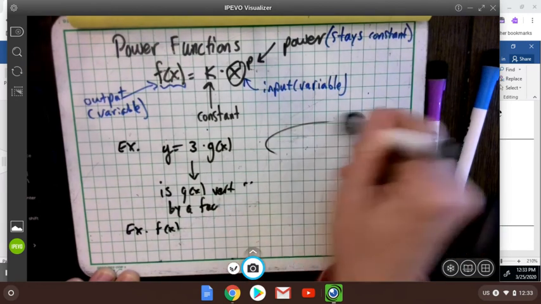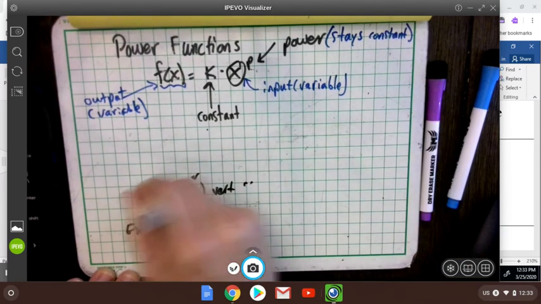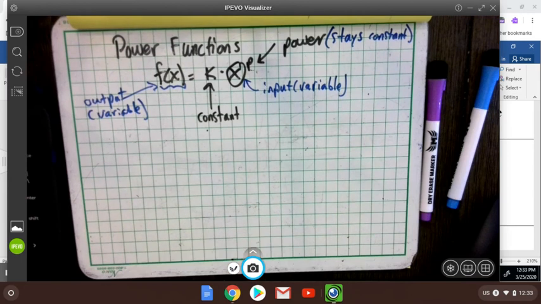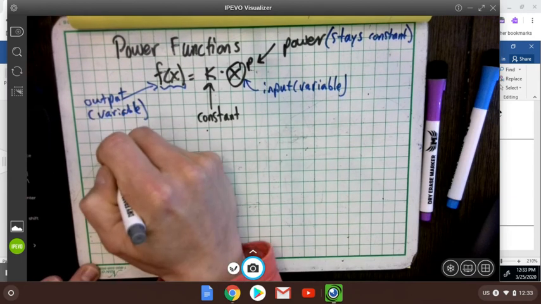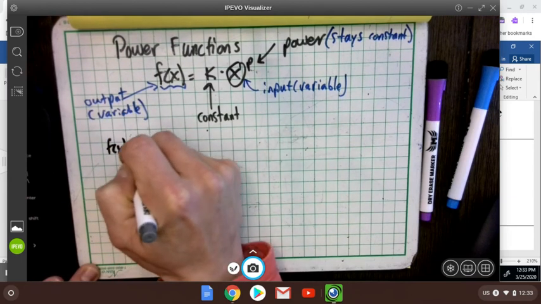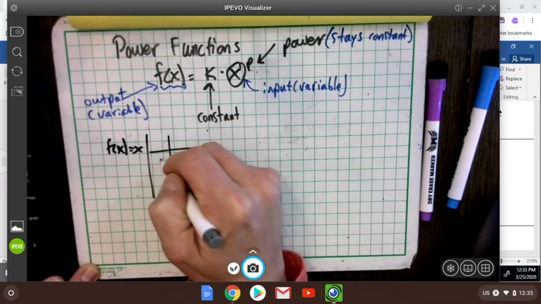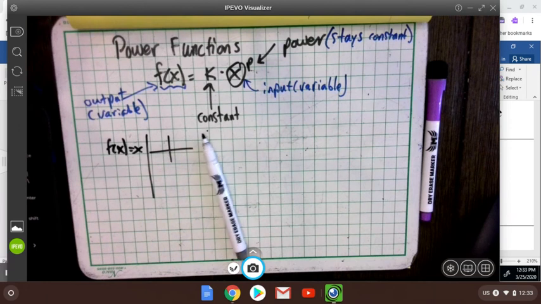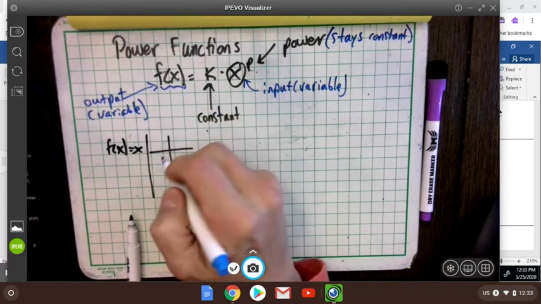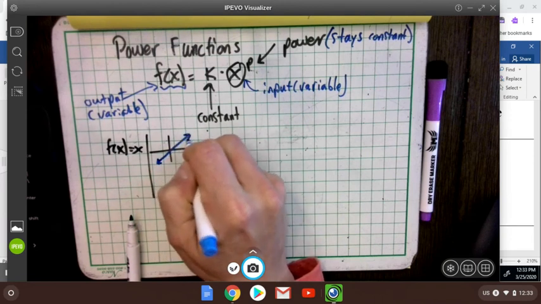If you're going to fill in that chart, it says your first type of function is f of x equals x. It asks for a description of the shape. We already know what that looks like, or at least we should. It is that line right there.